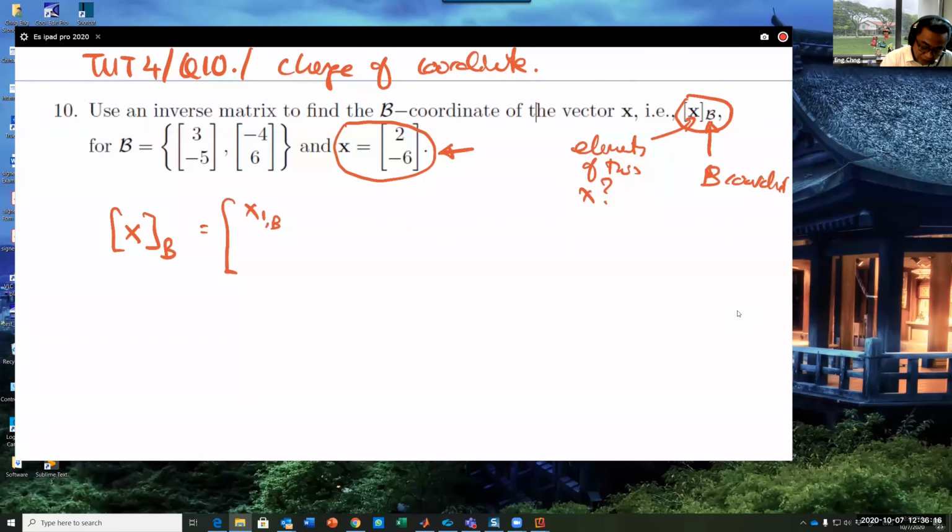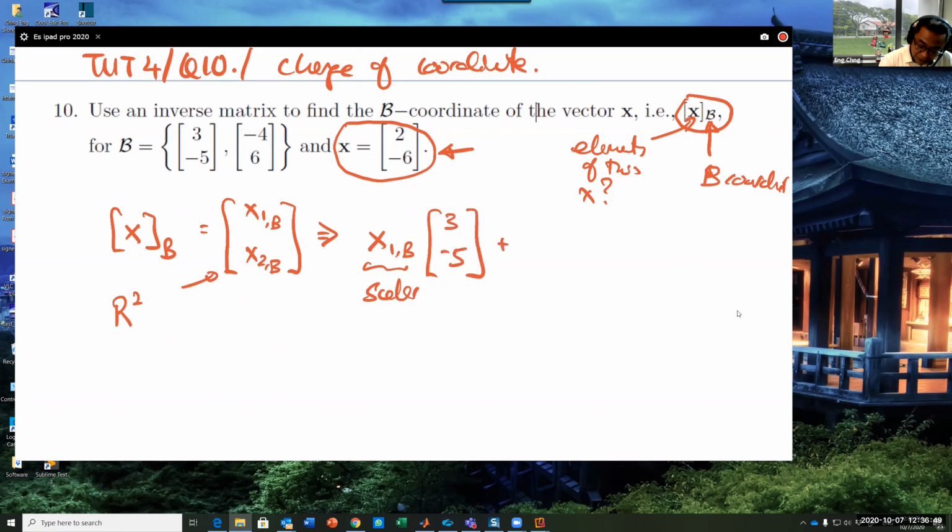To say that these vectors, although they are in R2, meaning that they are vectors of 2 dimensions, are using the B coordinate, means that we must be expressing this as, for example, X1B, which is a scalar, multiplied by this, the first B coordinate, plus X2B multiplied by minus 4, 6.